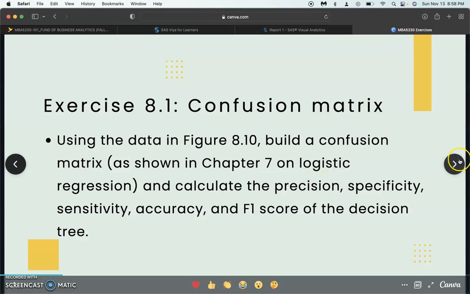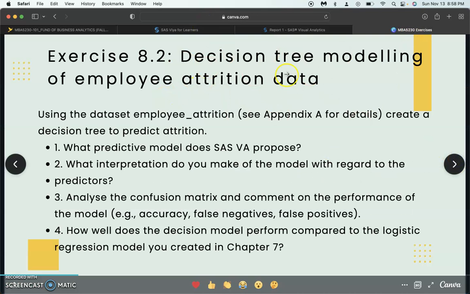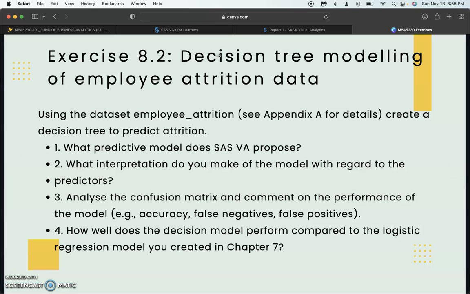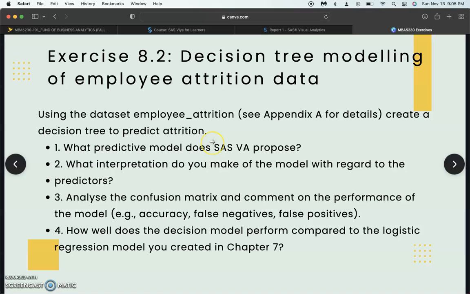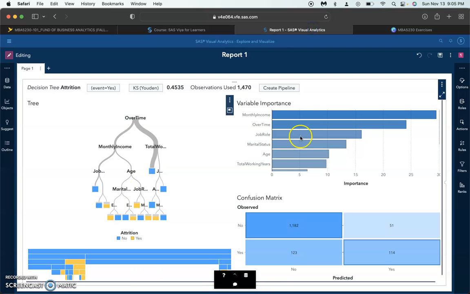Now we are going to look at exercise 8.2, which is decision tree modeling for employee attrition data. Looking at exercise 8.2, I've already completed it within the SAS Viya software.